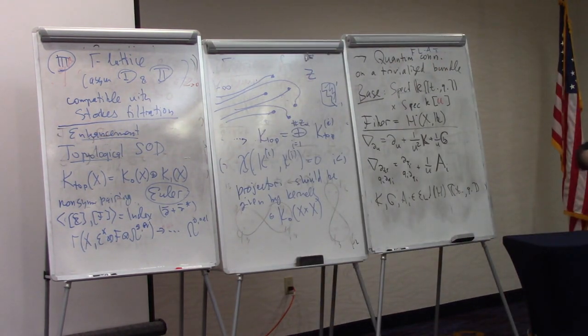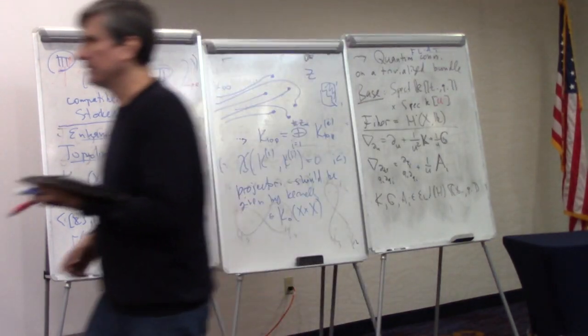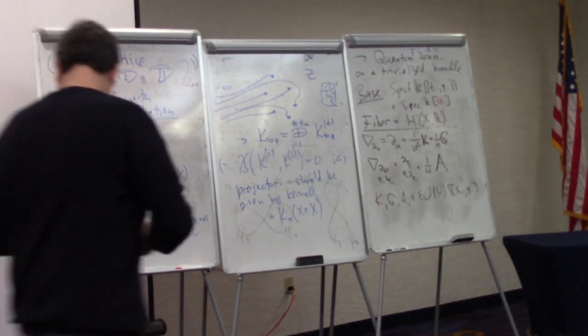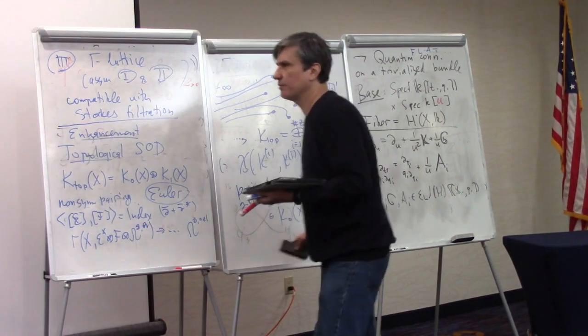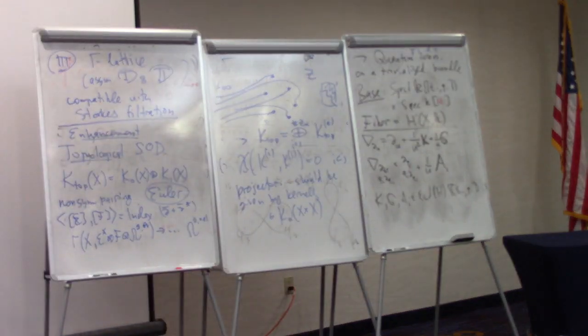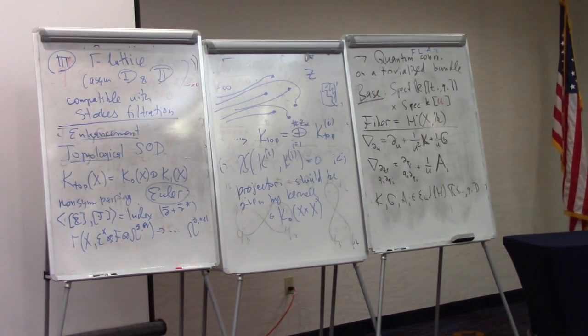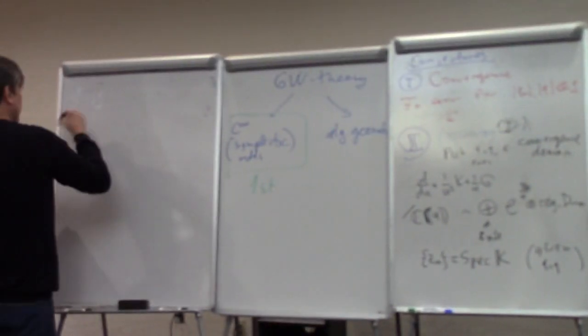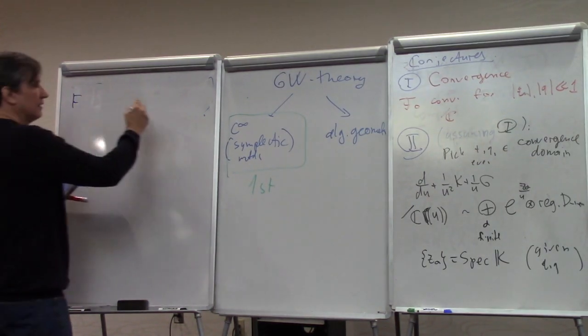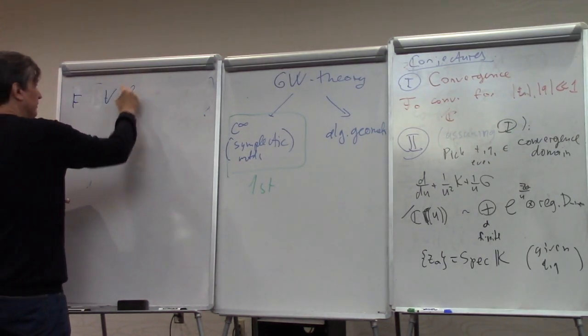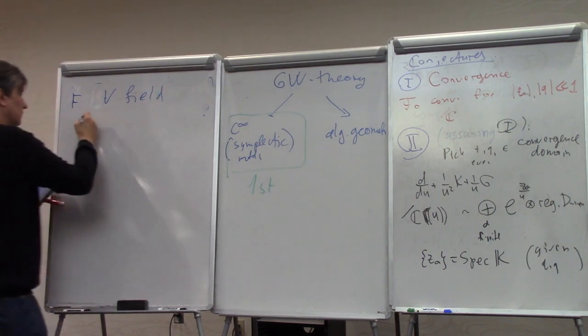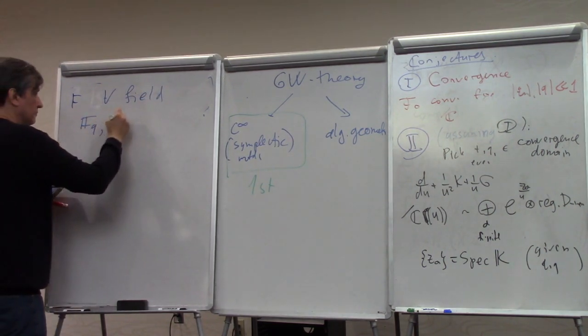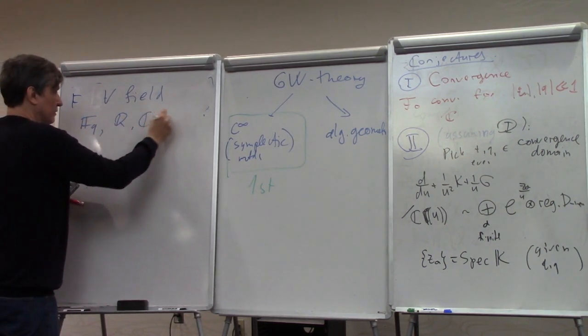Okay, so that's all about the C infinity version, and now we go to the algebraic story, because I said it has this algebraic geometry. We start with F, an arbitrary field. It could be a finite field, the complex numbers, whatever you want.